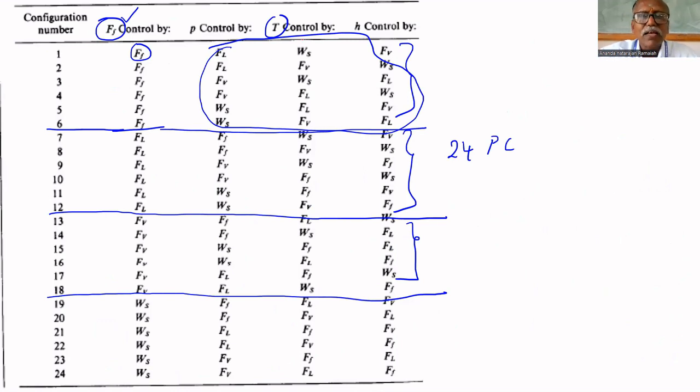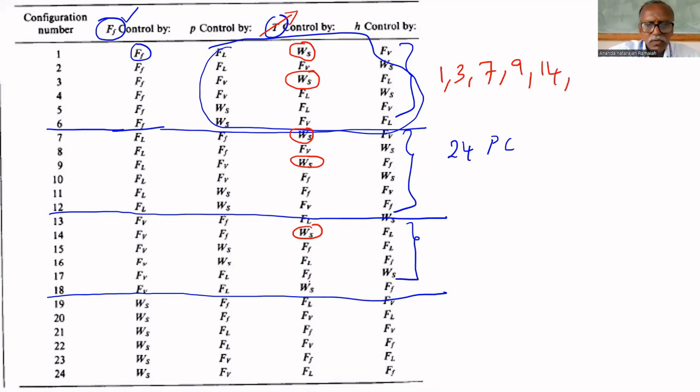If you consider that way, which are all out of 24 combinations, the first one has steam flow rate as a manipulated variable for temperature. Then third one is steam flow rate to control temperature. Seventh one. So 1, 3, 7, then 9, then 14, then 18.